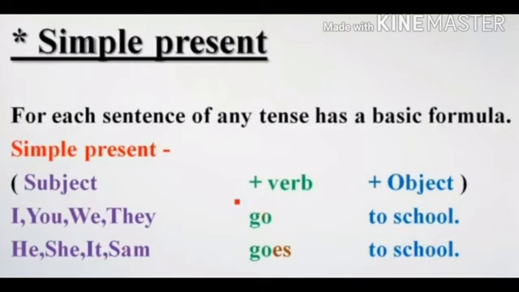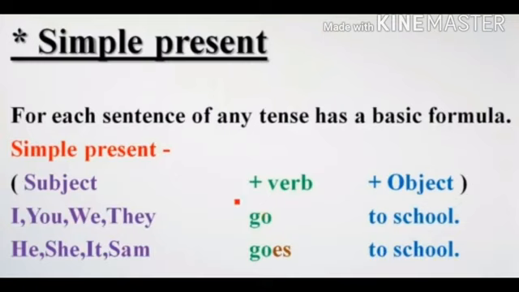Coming to he, she, it, or a boy name, girl name, or anything name, we write goes to school. So what is the difference you observed here, children? Can you see the verb go and goes? With I, you, we, they, we use the verb go, but with he, she, it, and a name of a boy, we use the verb goes.